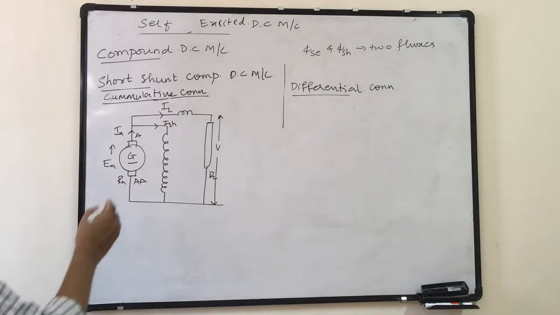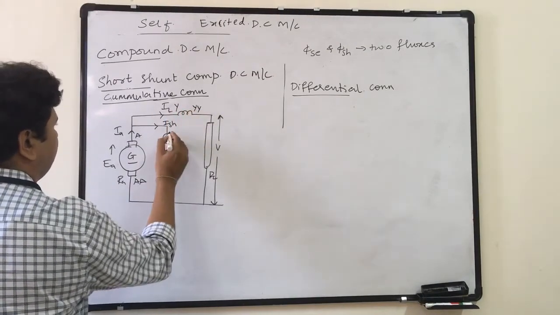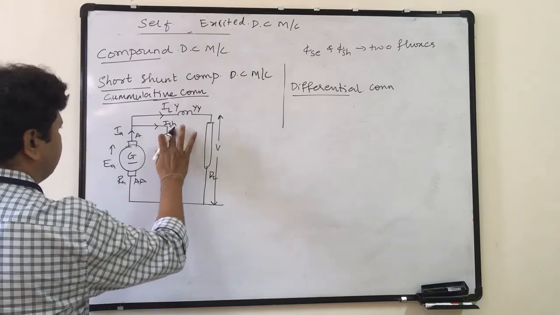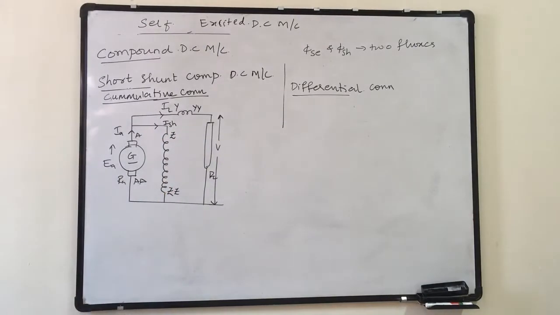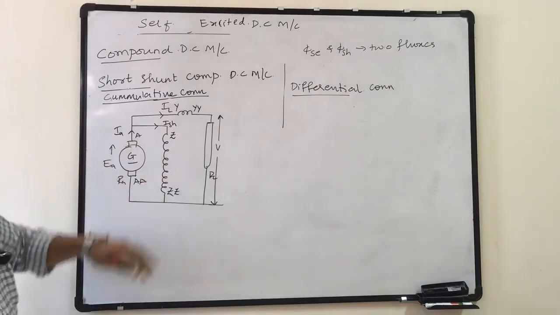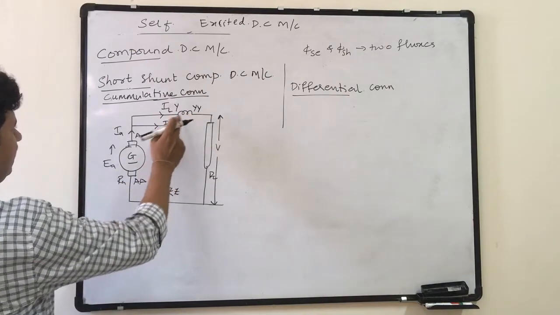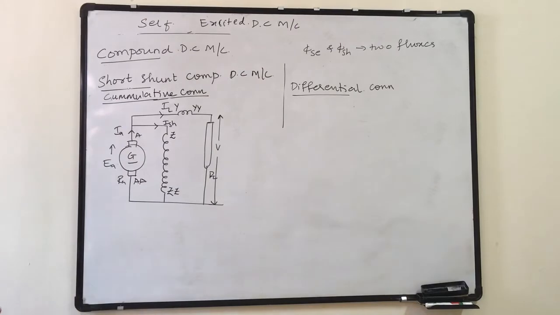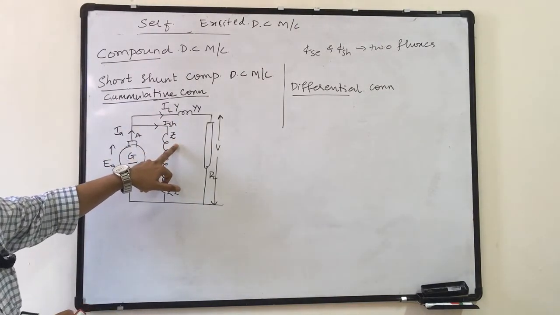Now, if this is Y, YY, and if this is Z, ZZ, if this is the type of connection, then it is cumulative connection. So in long shunt, YY should be connected to Z, that is cumulative. In short shunt, Y should be connected to Z, that is cumulative connection.